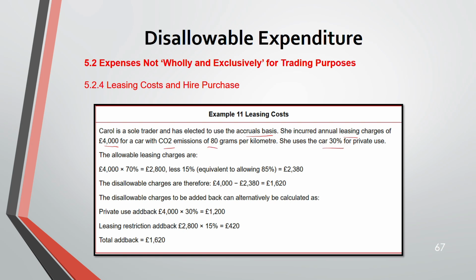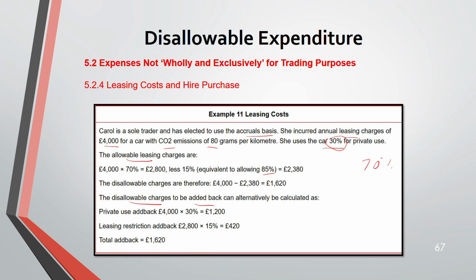So now we have to find out the allowable leasing charges and the disallowable leasing charges. Remember, the disallowable will be added back. So the allowable is 85% because the disallowed was 15%, and the private use. So 30% will be disallowable, the private use. So allowable will be 70%.